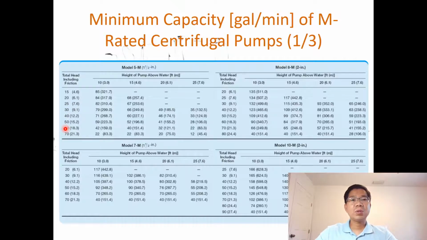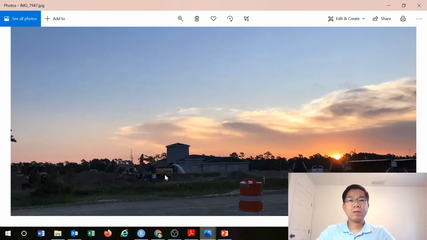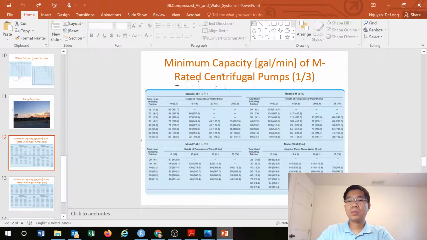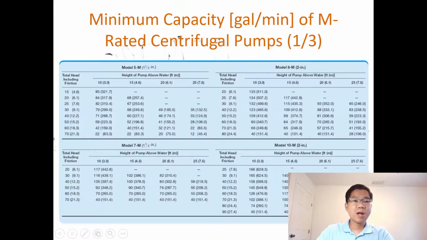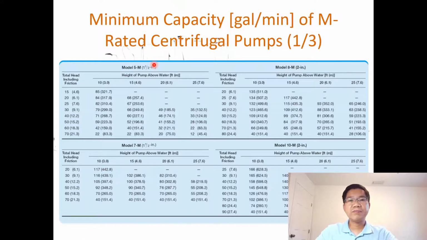And then we determine the height of the pump above the water, so the water table here. Where is the pump, and how high is it compared to the surface water that they want to discharge? That is also a factor we need to consider. So from that we can determine the minimum capacity, gallons per minute, for the rated centrifugal pump.